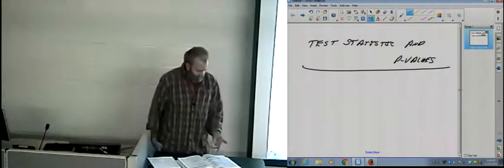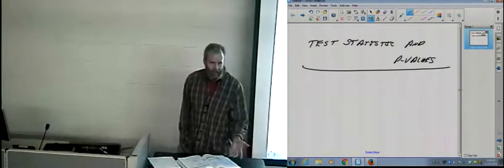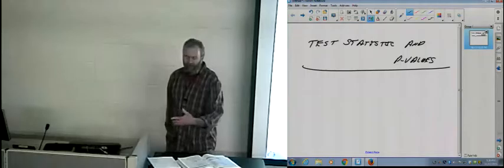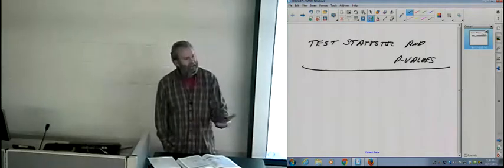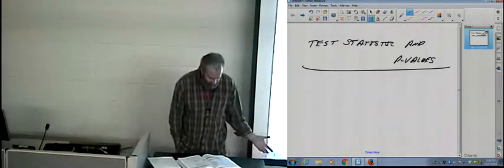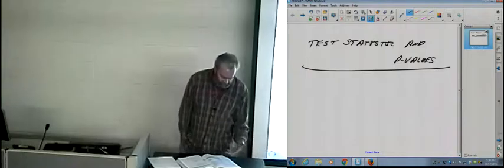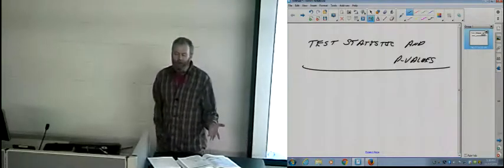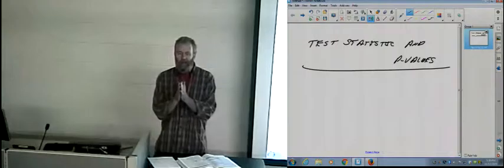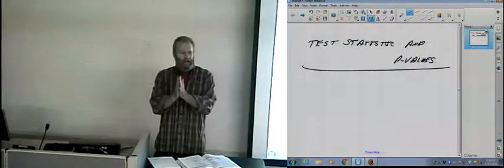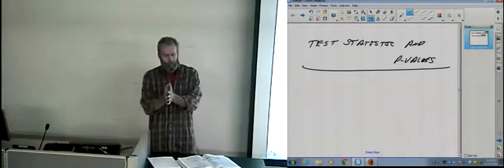And I had talked about how this test statistic is calculated from the sample data. It's calculated from your x-bar. And I kept telling you, your test statistic is nothing more than a z-score. It measures how far the data diverge from what we'd expect if the null hypothesis H0 were true. I told you on Thursday that H0, whatever that is, is always mu is equal to something.